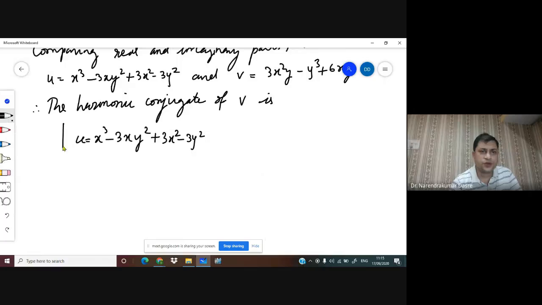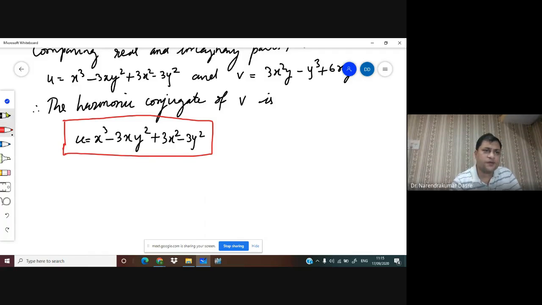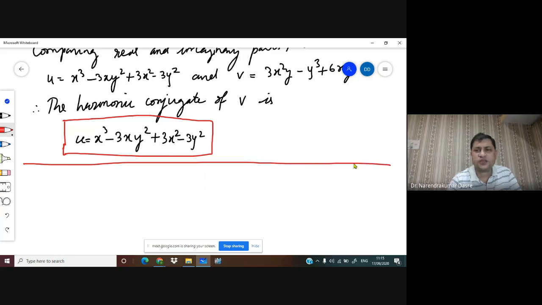Okay. So this is the harmonic conjugate that we are able to get for the given imaginary part or the given function.